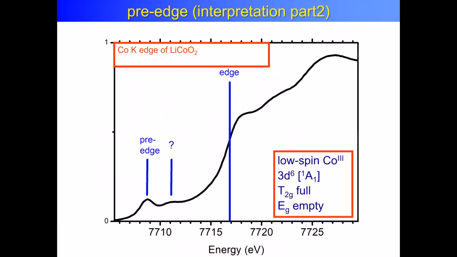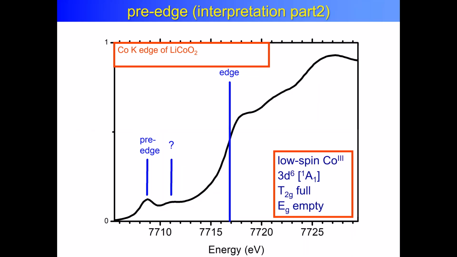So that's clear. If we then go to another cobalt 3 low spin system, but now in a solid, then it becomes different. So this is low spin cobalt 3. T2G is full, EG is empty. At least that's the idea of lithium cobalt oxide. Then you see your pre-edge. This is a normal X-ray absorption spectrum.